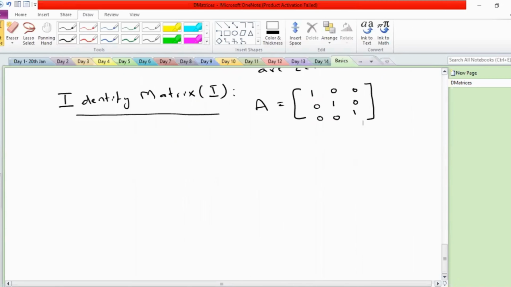From a definition standpoint, first, it should be a square matrix. Second, it should be a symmetric matrix. Third, diagonal elements are 1.